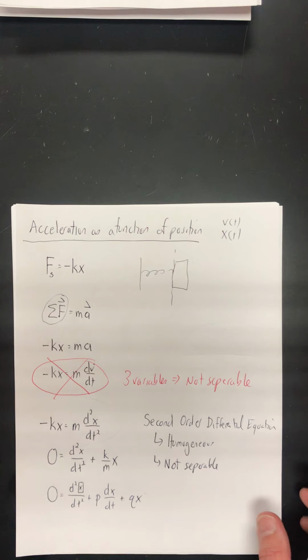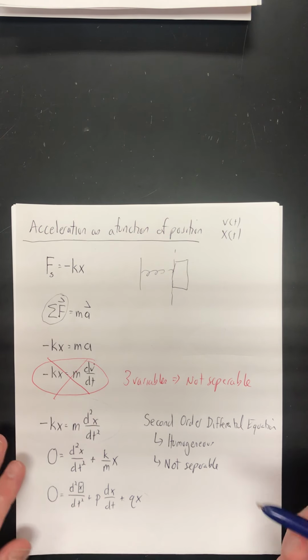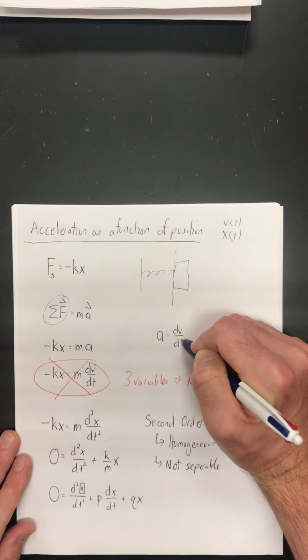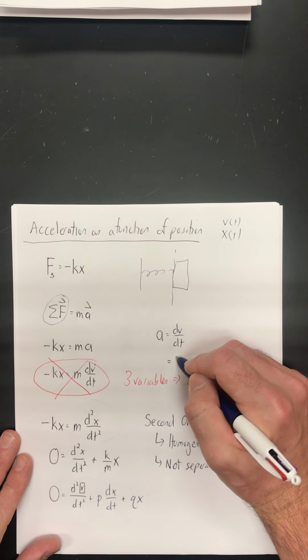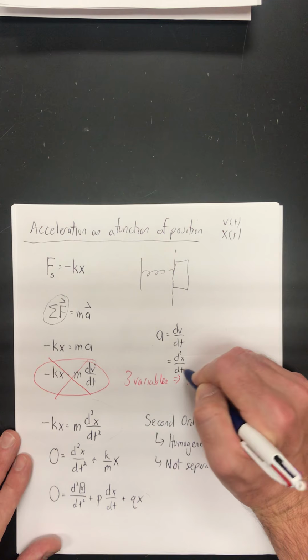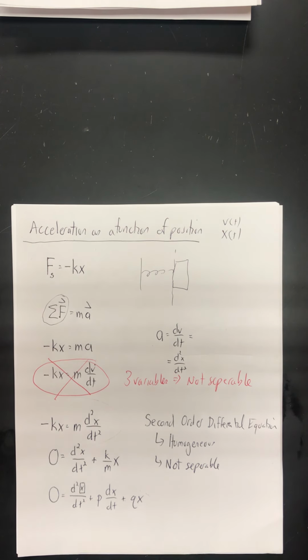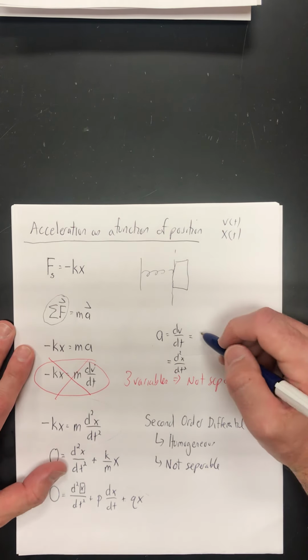I wonder if there's another appropriate substitution, because so far we've tried a is equal to dv dt, and we've tried a is equal to d squared x dt squared. Now, when things don't look the way that we need them to look, there's oftentimes something that we can do. And hopefully you've just said to yourself, chain rule. Because that's right.